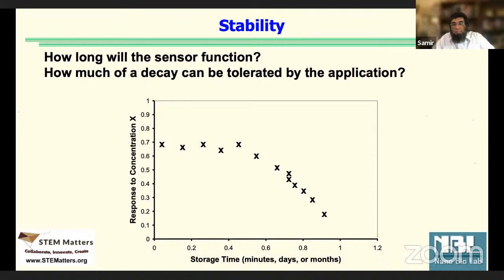Now, electronics can also be adjusted sometimes. If you know that a biosensor is going to change its features over time, and we know how long and what to expect, then in the electronics we can input new parameters and say, this sensor is maybe 20 days old now, or 20 months old.